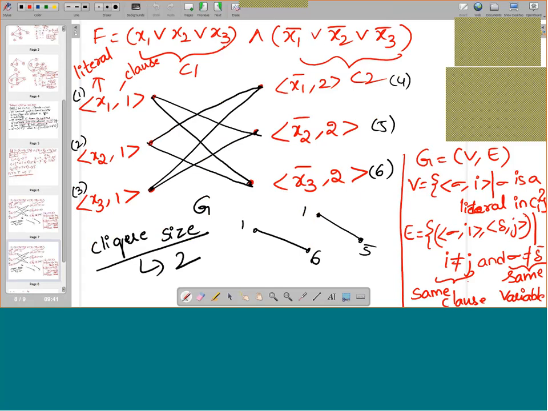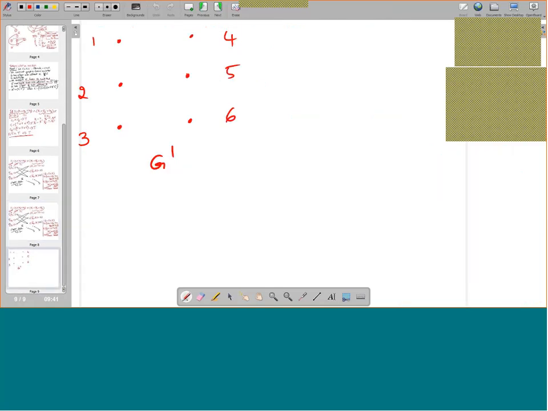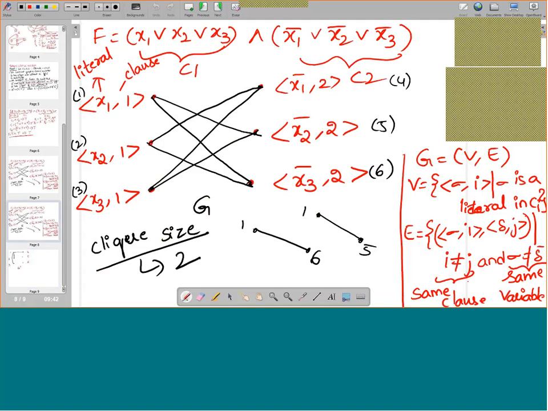From 1 to 2, 1 to 3 and 1 to 4, the edge is not present in G. So in G dash, we'll be including those edges: 1 to 2, 1 to 3 and 1 to 4. 1 to 5 and 1 to 6 G is having, so we will not include them. So from 1 it is completed.